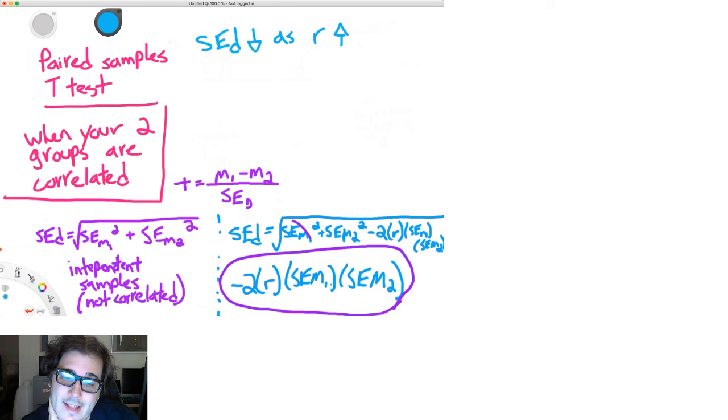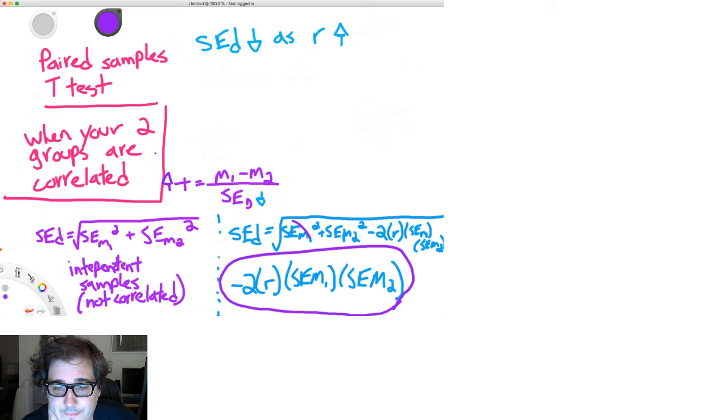So anytime R is around, this is going to make this smaller, because you're accounting for some of that variance. So here, this then goes down, and as your denominator gets smaller, your t-ratio gets bigger and your p-value would then get smaller.